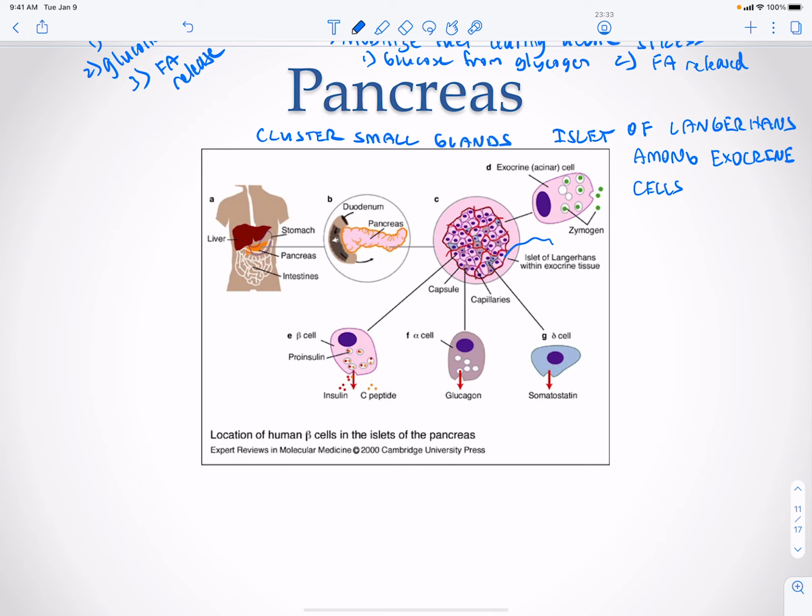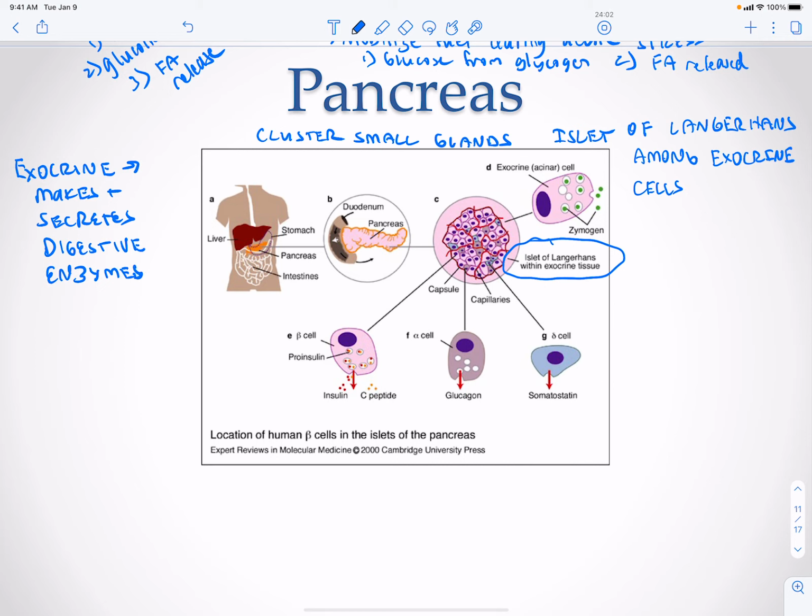Okay, so here's our islet of Langerhans cells within the exocrine tissue. Now, it is exocrine because it makes and secretes digestive enzymes. And this is going to be secreted into the small intestine.